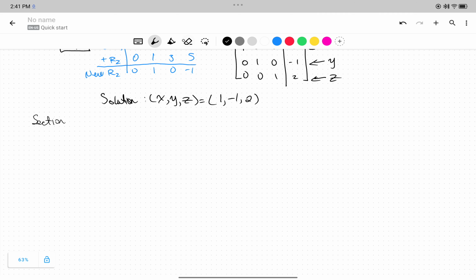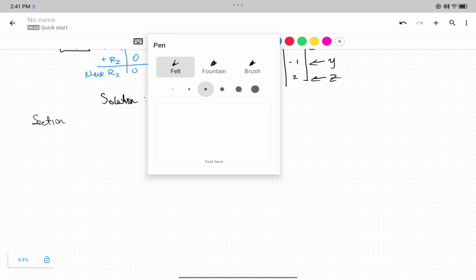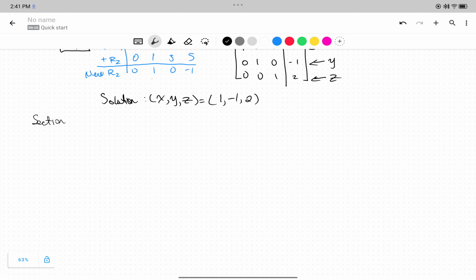All right, let's see if I can make it a little bit thicker. Okay, so we said, section 8.2, and these are called matrix operations.